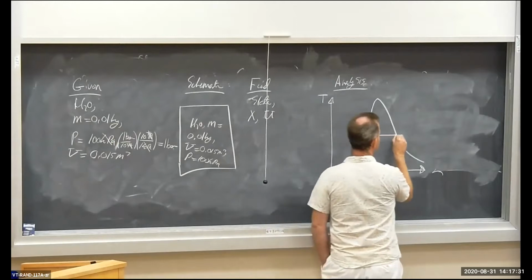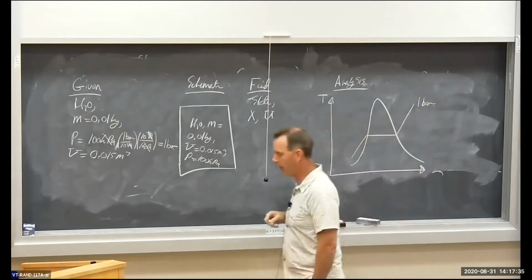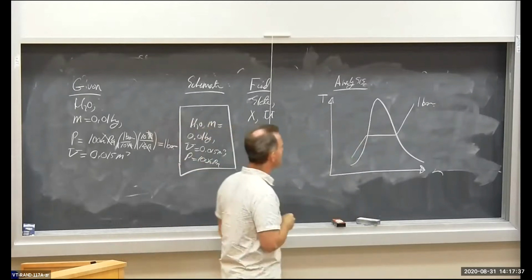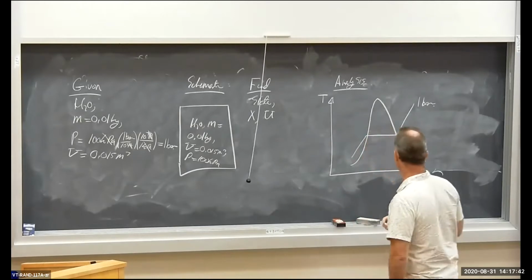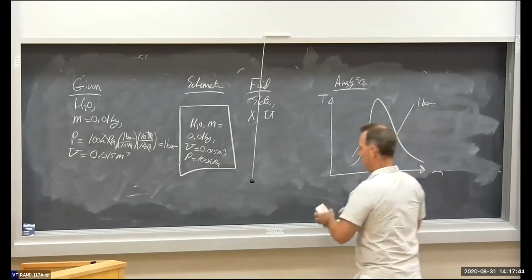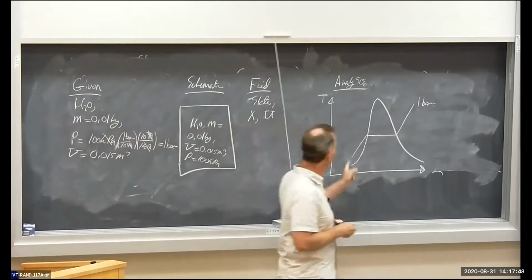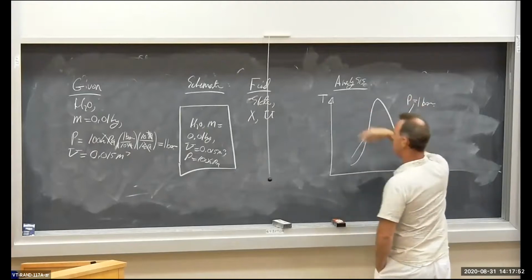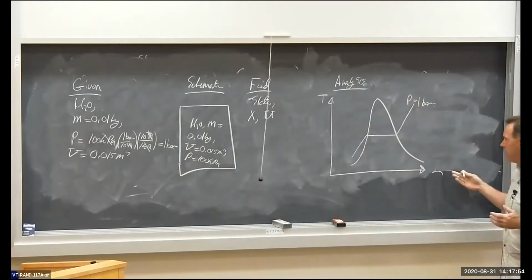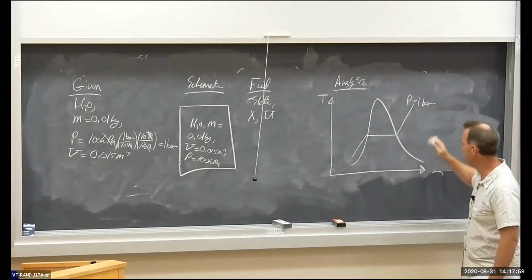Isobar. 1 bar. There's my isobar. I'm somewhere along that. Okay, well, so I need another property. I know I'm on this isobar somewhere, but I either need a temperature or I need a specific volume to locate where I am on this isobar.